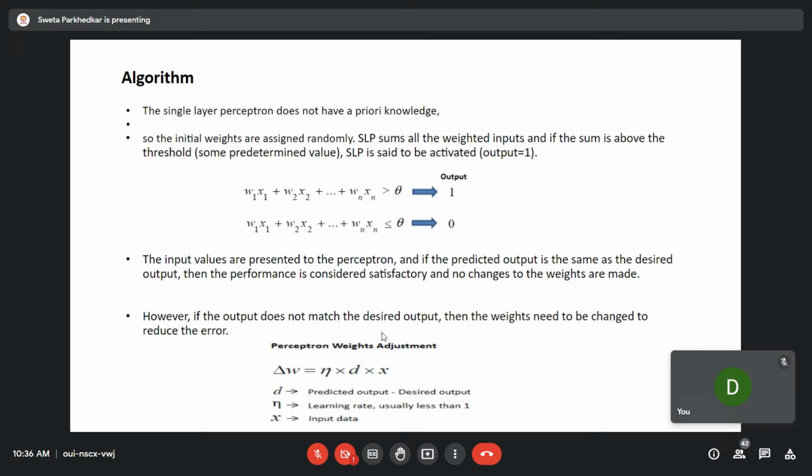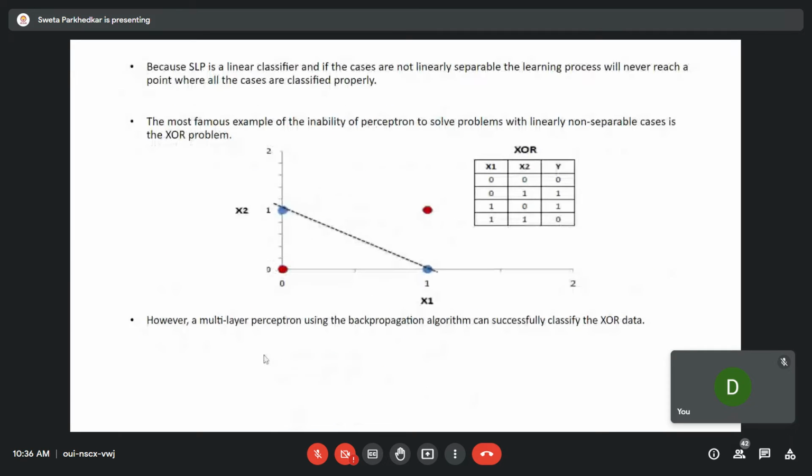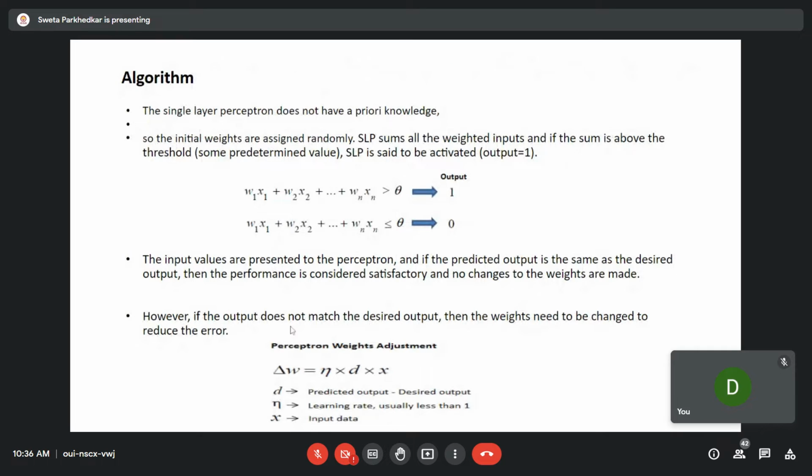So if the output does not match the desired output, the weights need to be changed to reduce the error. So the weights of the perceptron, if the output does not match the desired output, how will we adjust the weight?